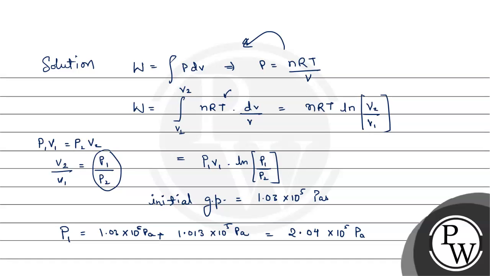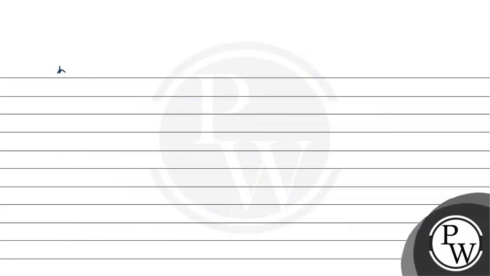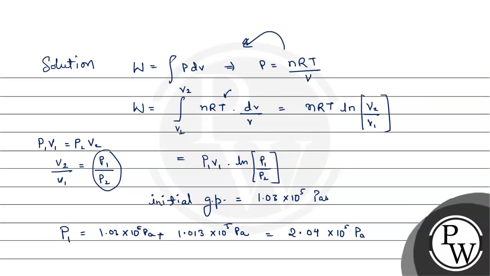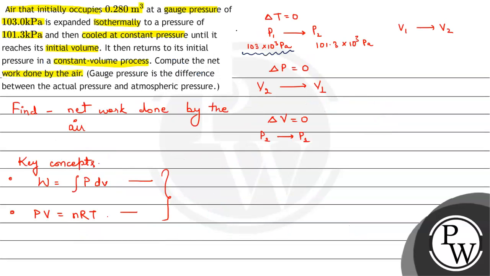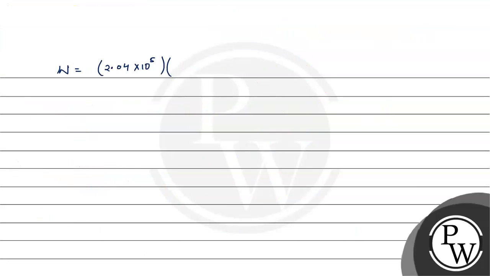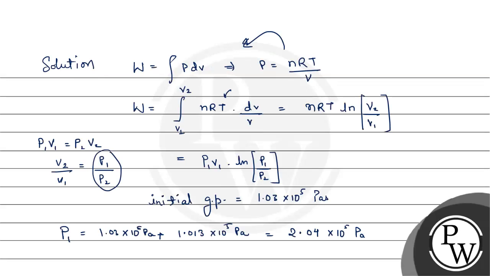Now we can put it in the equation which we have found. So we get the value of work done is equal to P1, which comes out to be 2.04 into 10 to the power 5 pascals, into volume. Volume is given to us as 0.280 meter cube, so V1 is 0.280 meter cube, into natural log of P1 over P2.